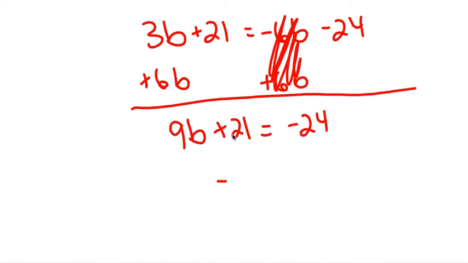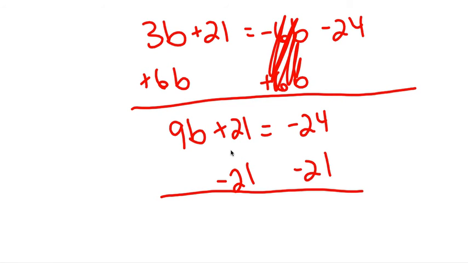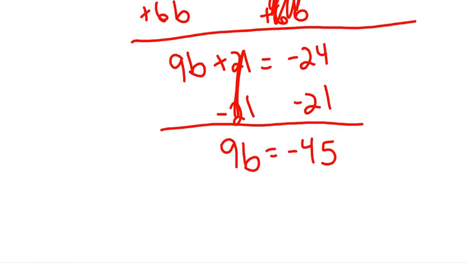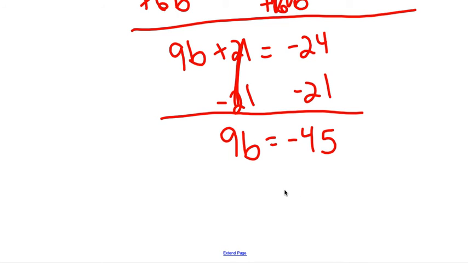It's a positive 21, so again, I will do the opposite and subtract 21 from both sides. 21 minus 21 is 0. Those are gone. Bring down 9b. And my right-hand side, again, use your calculator if you need to, is a negative 45. And one more step, divide both sides by 9. And b equals negative 5.